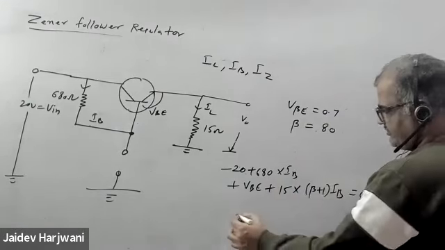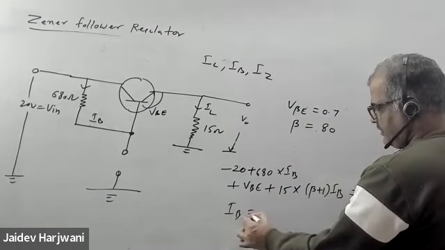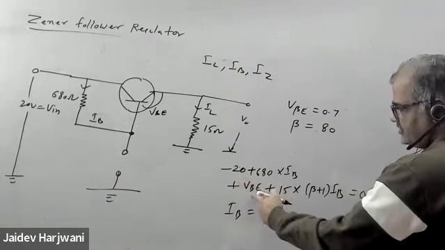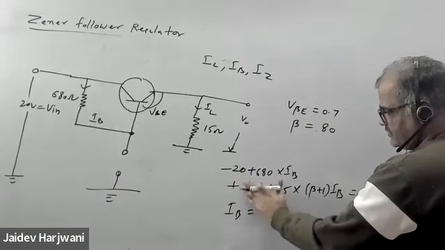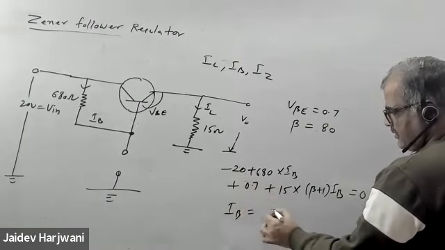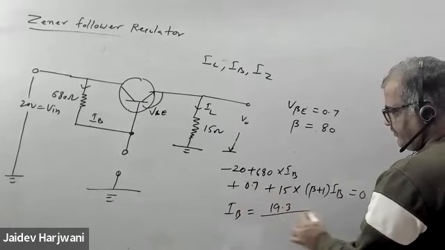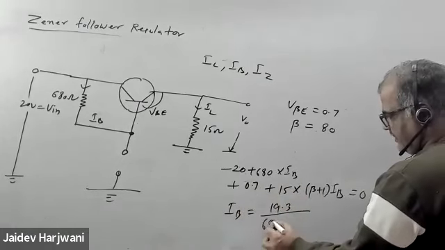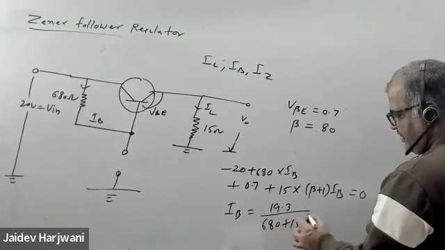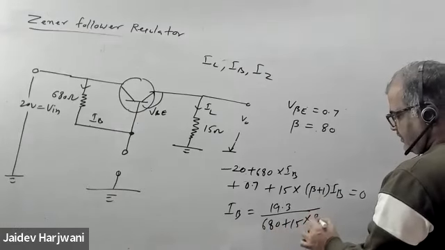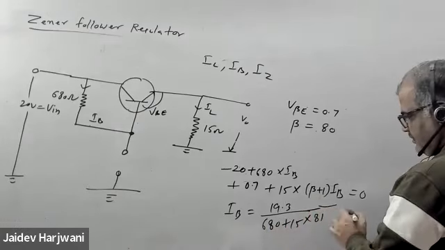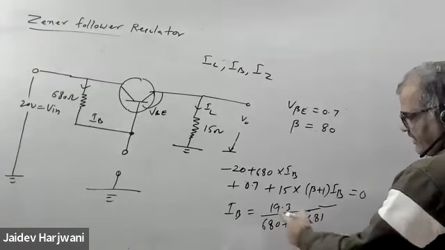So you can find IB. My IB will be 20 minus 0.7, which is 19.3, divided by 680 plus 15 into 81. So please calculate this IB value.